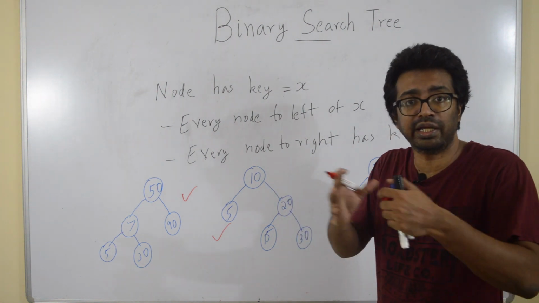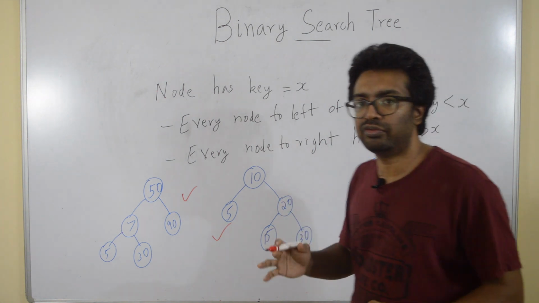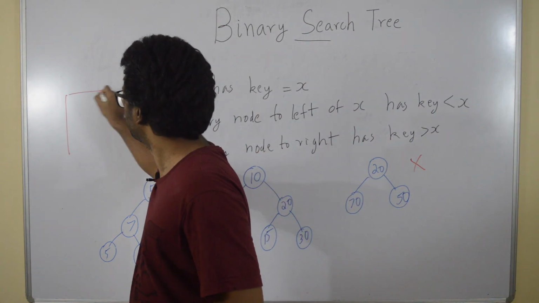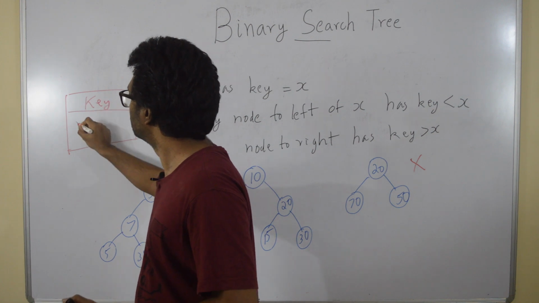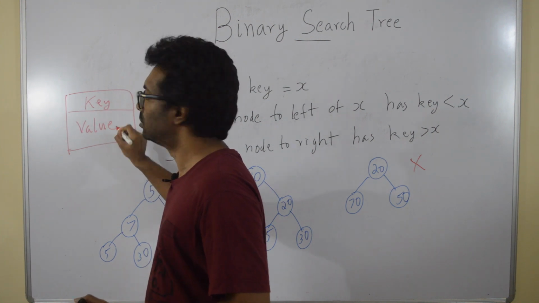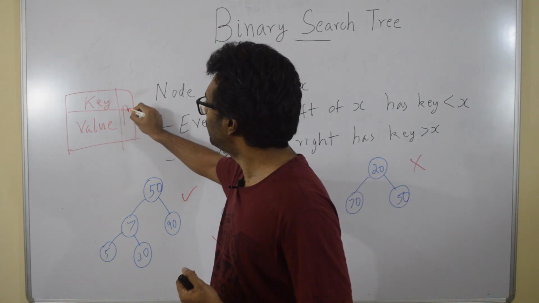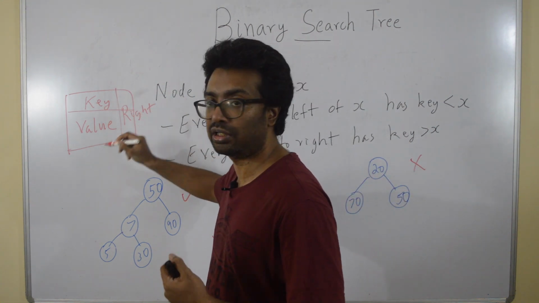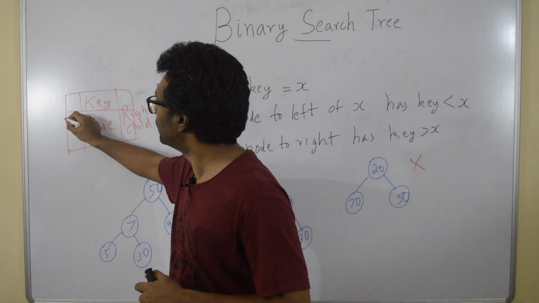When you create a data structure for a binary search tree, a node contains a key, a node contains a value, and then there will be a right child and a left child.